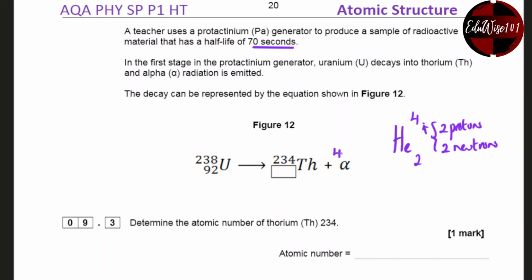So 4 and 2, you need to add these numbers, and the top numbers should add up to the mass of the uranium. You're breaking the uranium into 2: one part is thorium and the other part is the alpha, so you can't lose mass in between. So what is the proton number of thorium? Well, 92 minus 2 should be 90. The answer is 90.